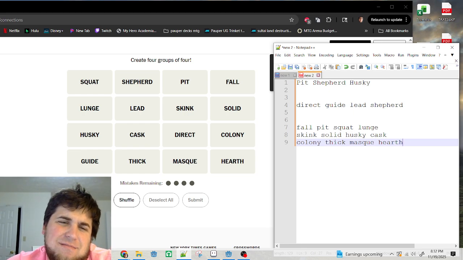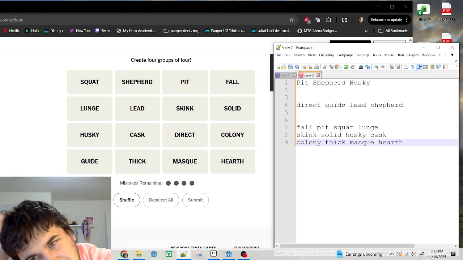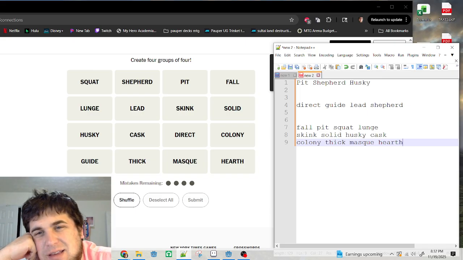Mask. It's a homophone? Cask. Husky, solid. Skink. Skink and mask are just strange words. Skink, mask, cask. I wonder if there's something weird with this.